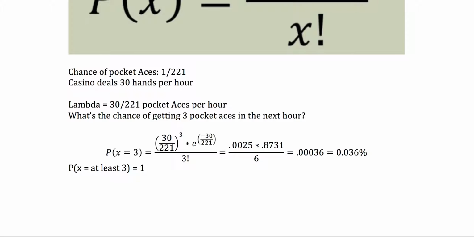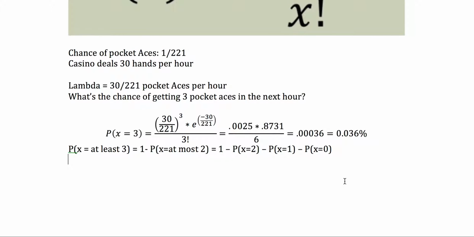An easier way to do it is 1 minus the probability of 0, 1, and 2, so x is at most 2. So you can do 1 minus the probability of x equals 2, minus the probability of x equals 1, minus the probability that x equals 0. You can do all of these using the same formula.